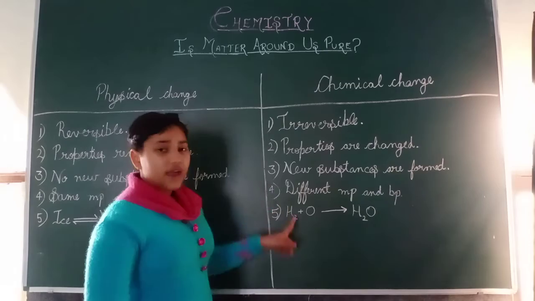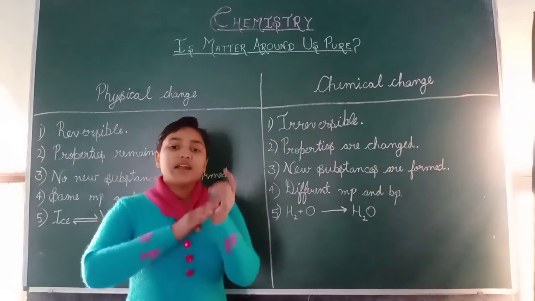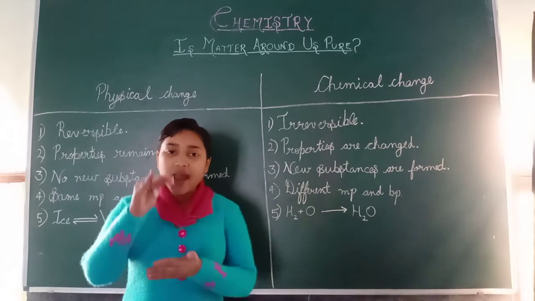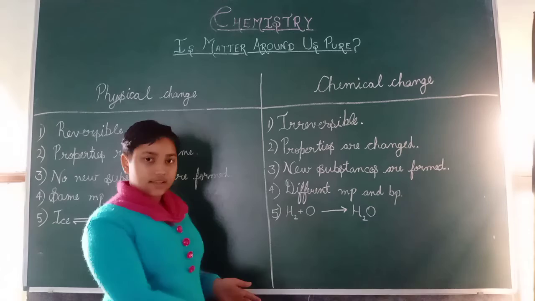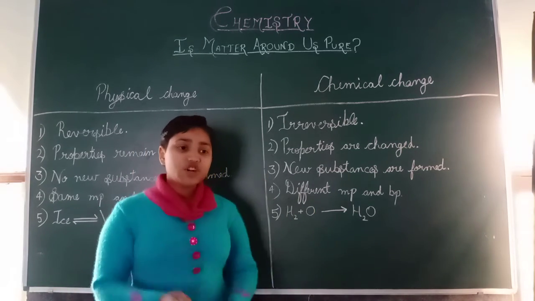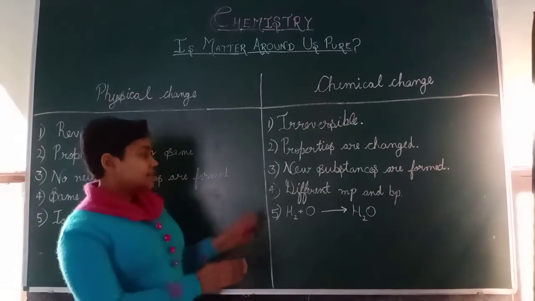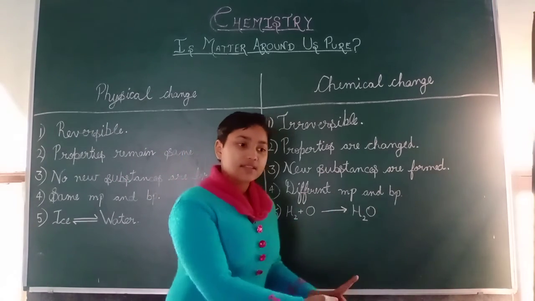But when we talk about hydrogen and oxygen, they require very high pressure and high temperature to liquefy because they are already gases. So we can say that they have different melting and boiling points.